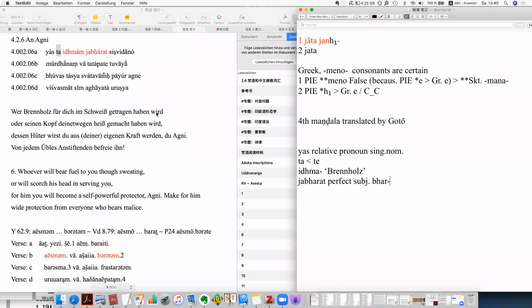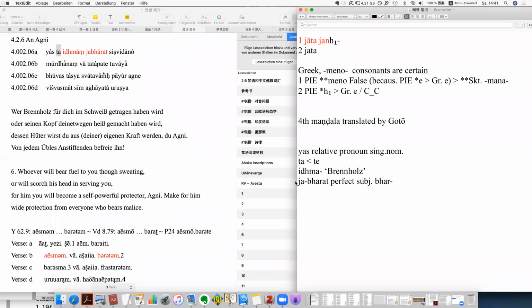Subjunctive wird. So the German translation is precise. Because in English, it looks like a future, right? Or a normal subjunctive. But in German, it is getragen haben wird. So it's actually perfect subjunctive of bar.